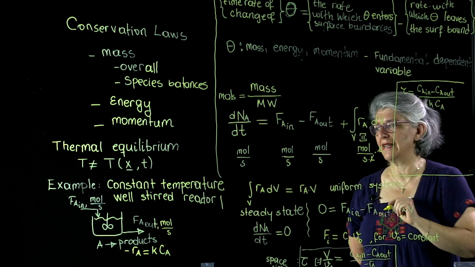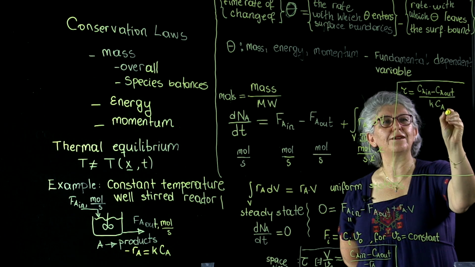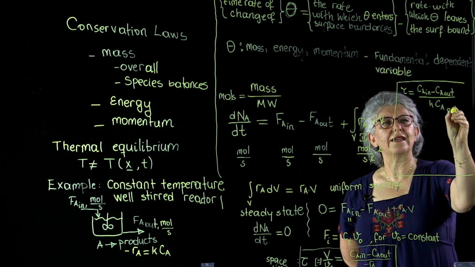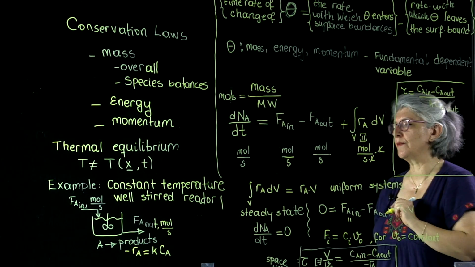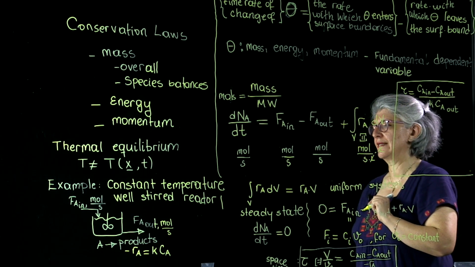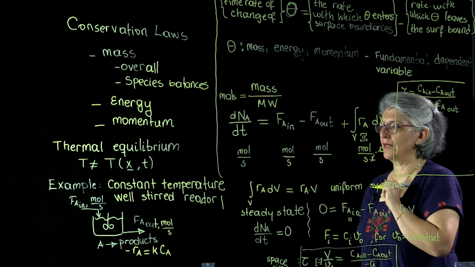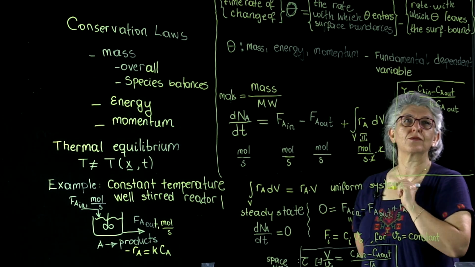Now what is the CA? This CA is CA out. This is CA out because of the uniformity condition that inside this reactor concentration is equal everywhere, including at the exit of the reactor.